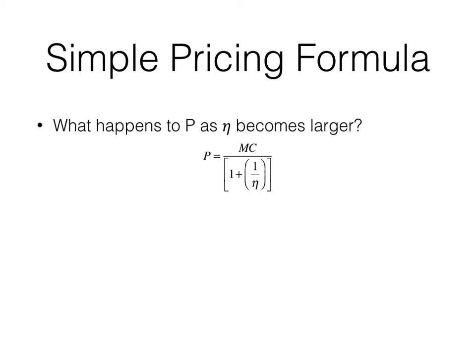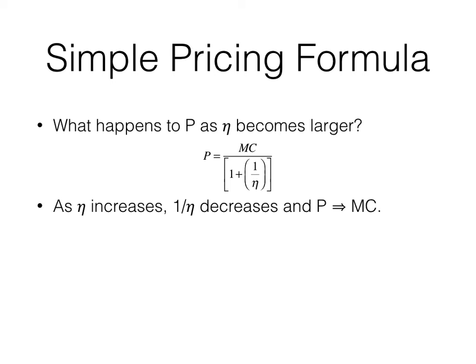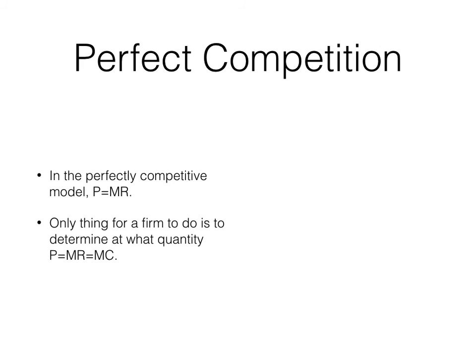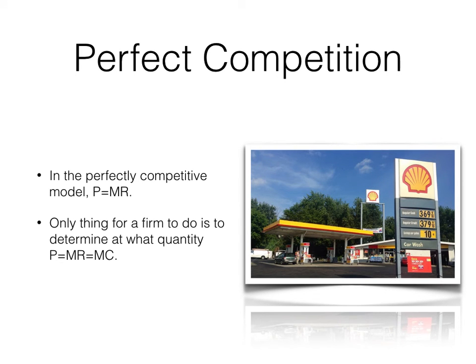One thing we look at is what happens to price as elasticity becomes infinitely large. As it becomes larger, we see that price tends towards marginal cost, and when it's infinitely large, price equals marginal cost. In a perfectly competitive firm, we will see this happening. So here's a firm in perfect competition. When you have so many competitors in the market, price gets driven down to the marginal cost, and we see this in gas stations.